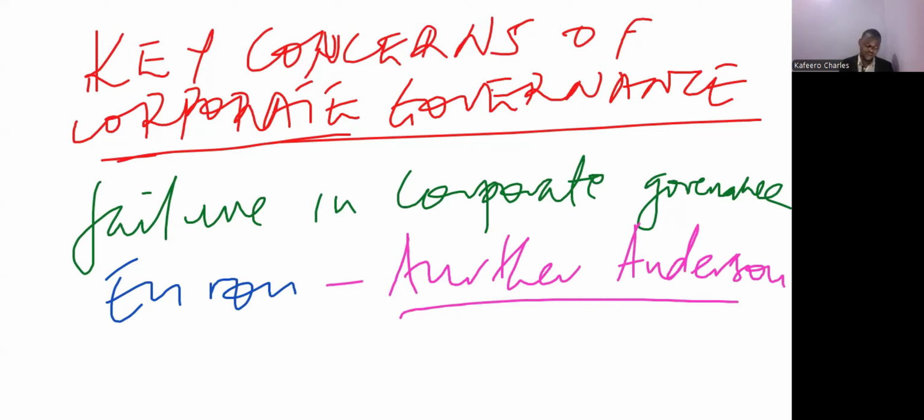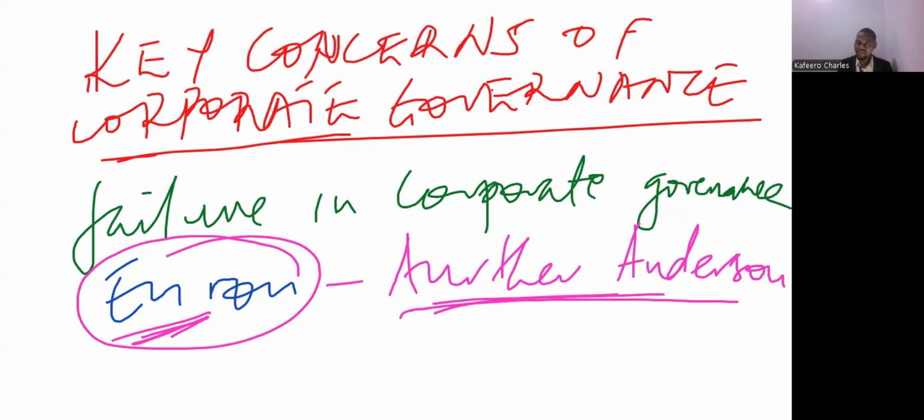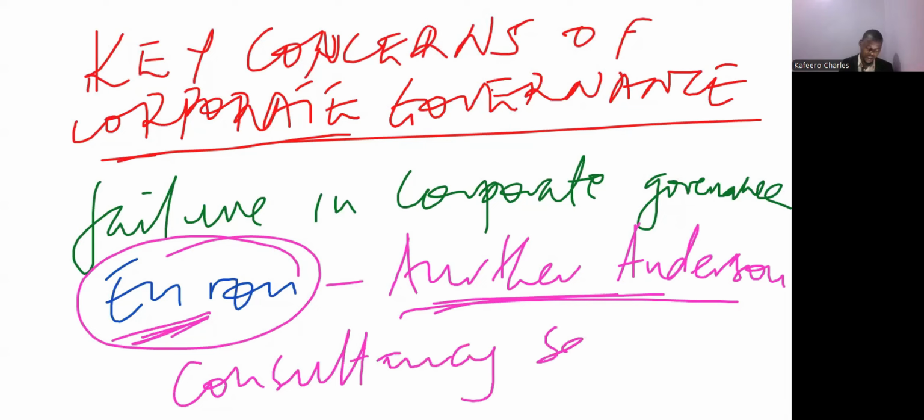The reason Arthur Anderson was liquidated was because of the issues at Enron, and these were the auditors. Arthur Anderson were the auditors to Enron, but at the same time they were also providing consultancy services to the same company.